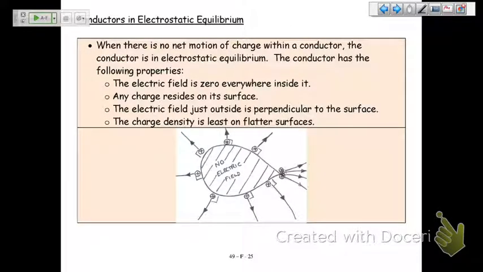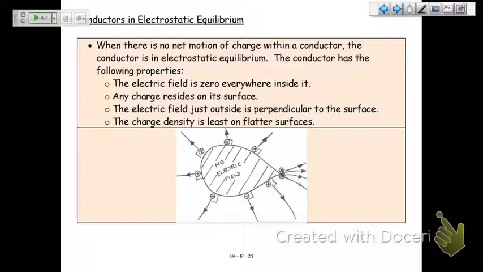Last little thing on this. If I have charges on a conductor, they can move around. But they eventually stop moving around because they get to an equilibrium position. So all the charges on the surface are going to spread out until they're happy. Well, reasonably happy.